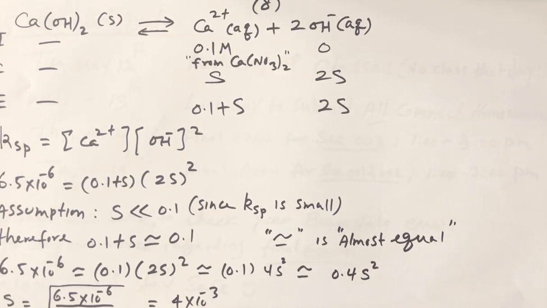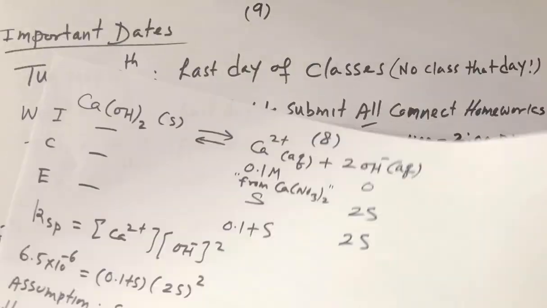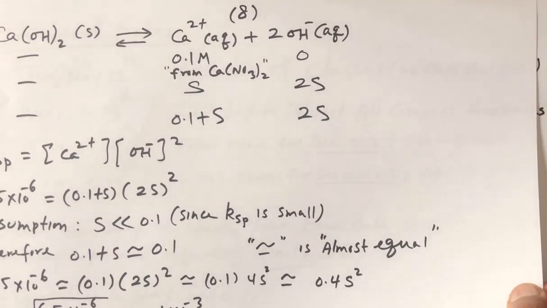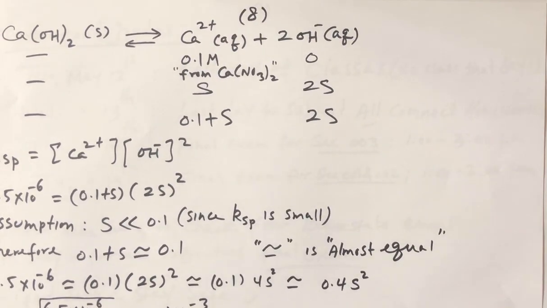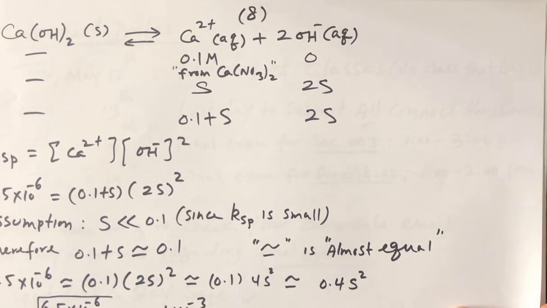But we don't need to do that at this point because we can see that S is much smaller than 0.1. Now, that is basically all we wanted to talk about: the concept of solubility, how to write Ksp, and you can also find some similar problems at the end of each sample problem that I've gone through here to get more practice related to these concepts.